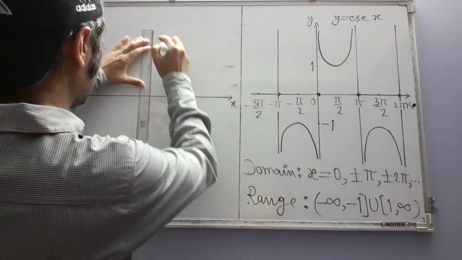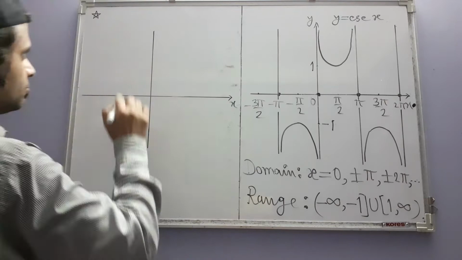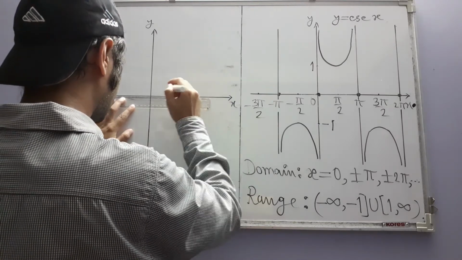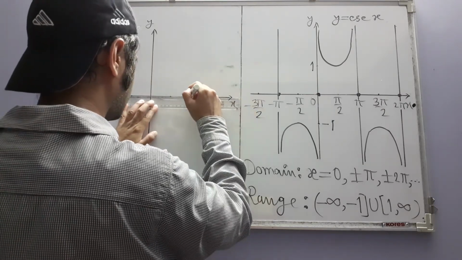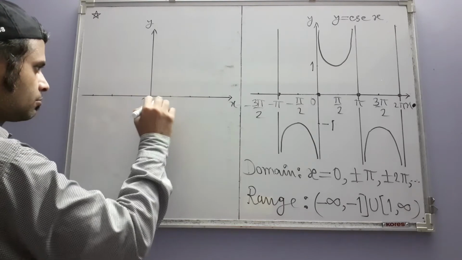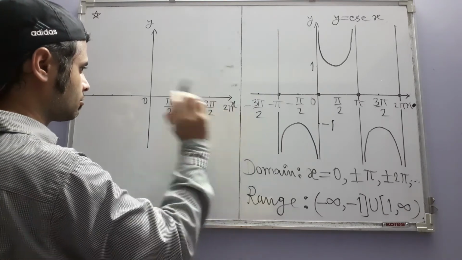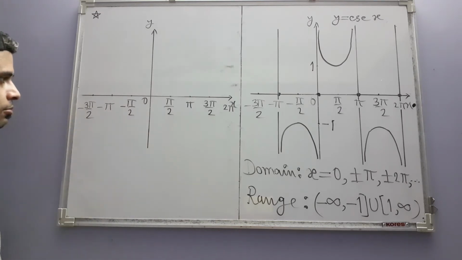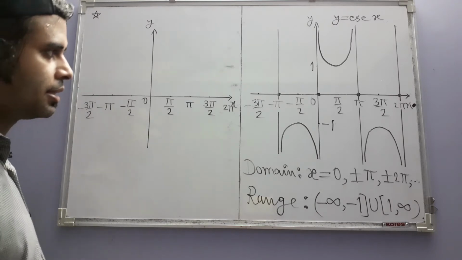X. Cotangent function. Cot x is cos x divided by sin x.